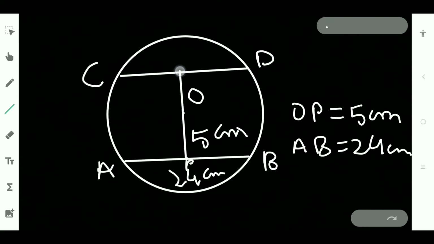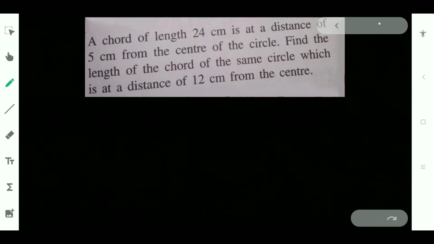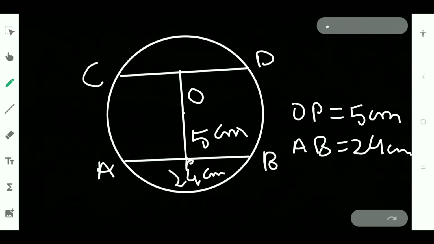This distance from the center is given as 12 cm. Let us take it as OQ. OQ is the distance of chord CD from the center of the circle. Now they asked us to find the length of CD.